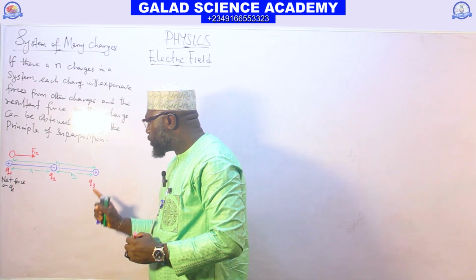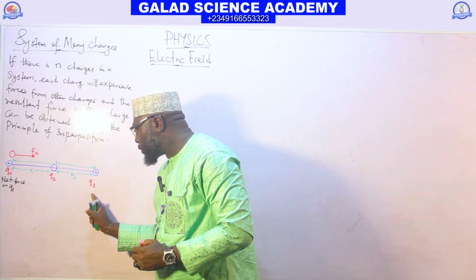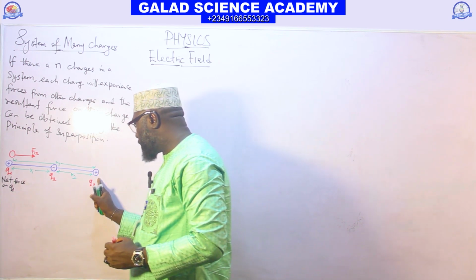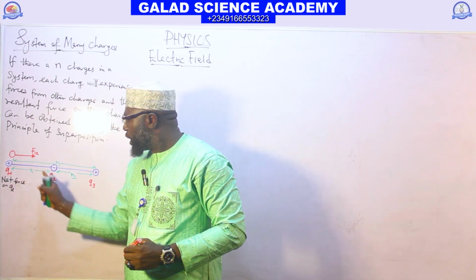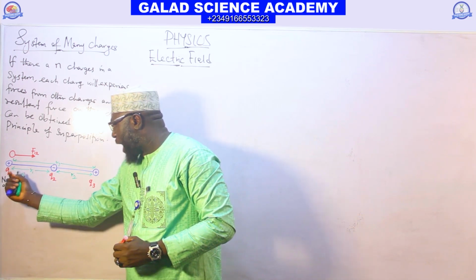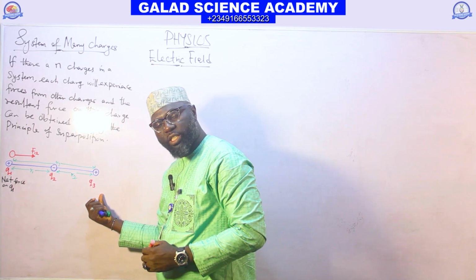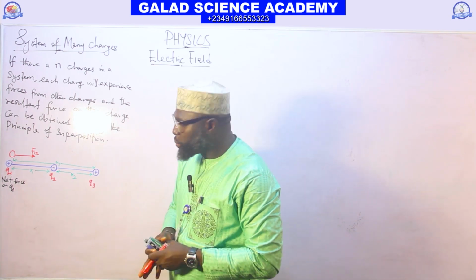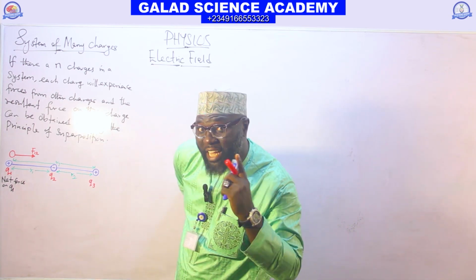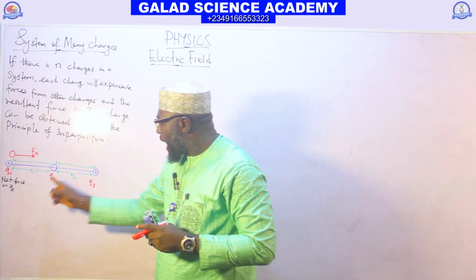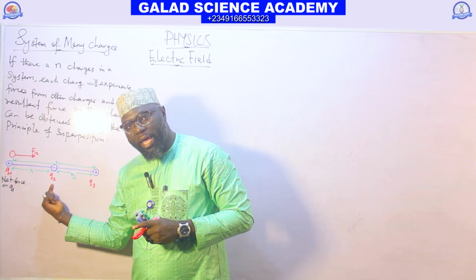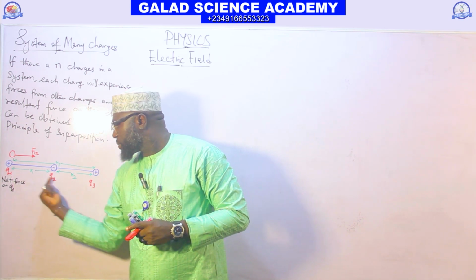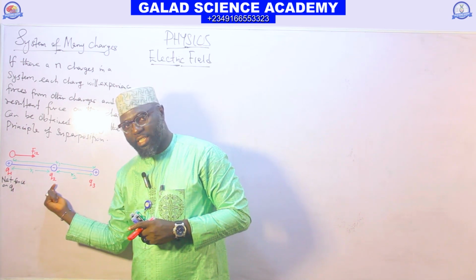The second thing is, let's consider Q3. Q3 is positive. Q1 is positive. So is Q1 going to attract, to move toward Q3? Never, because both of them are of the same charge. Q1 moves toward Q2 because they are opposite charges.